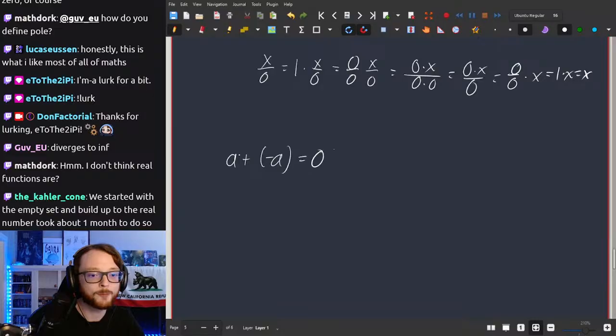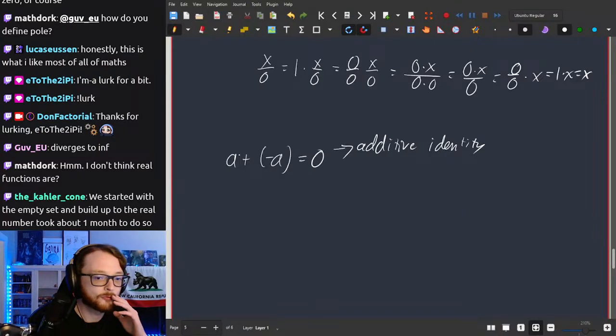And zero has a special role as the additive identity, because anything plus zero is itself. But when you define multiplication on your numbers, that has a different identity, which is 1.